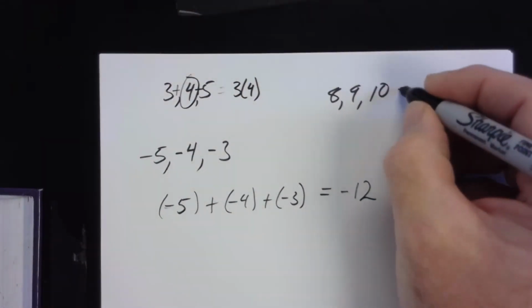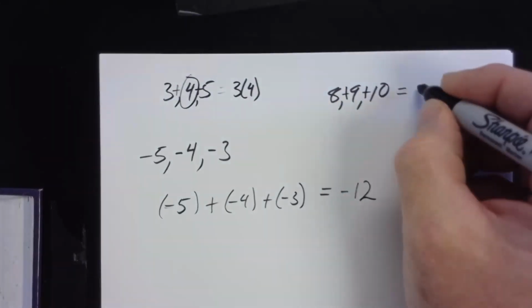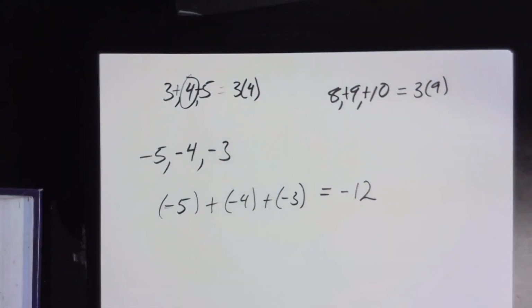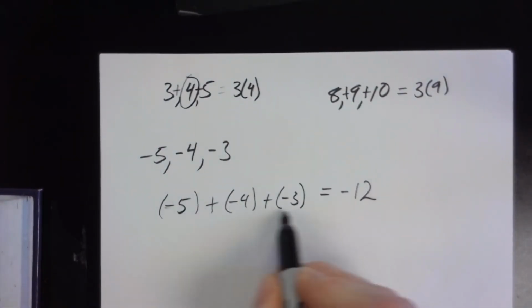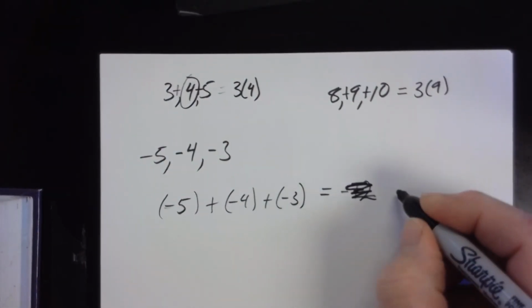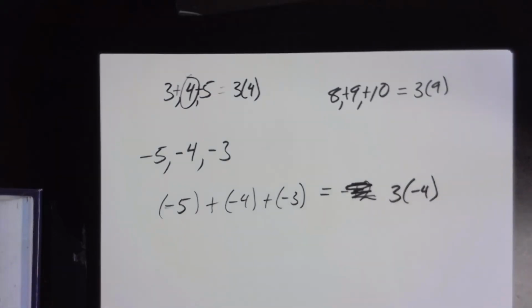Hold up. Is the sum here 3 times 9? Yeah. Okay, what about this one? Is the sum here 3 times negative 4? Yeah. Holy crap! She's a witch. Straight to that. Hey, yeah.